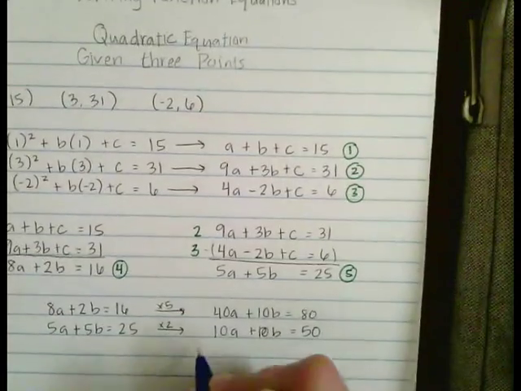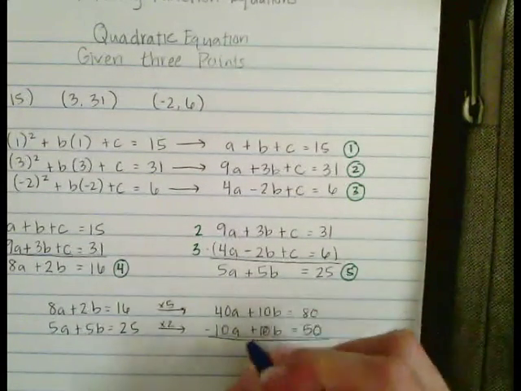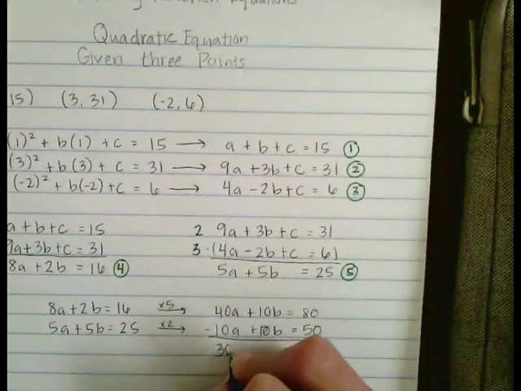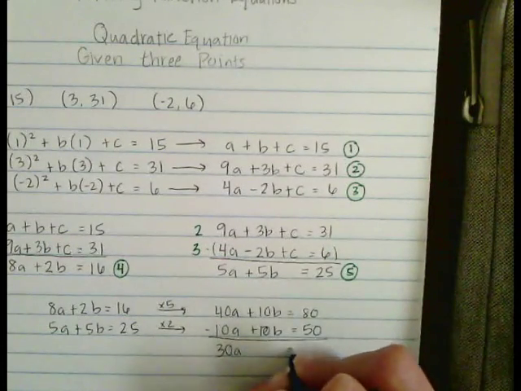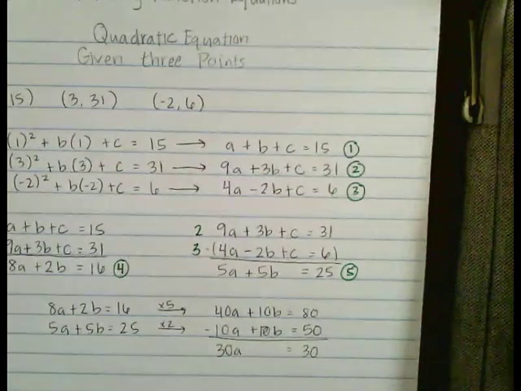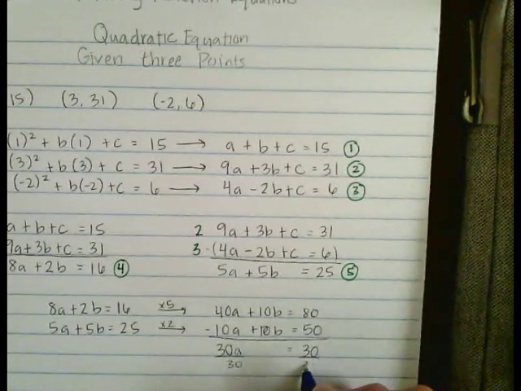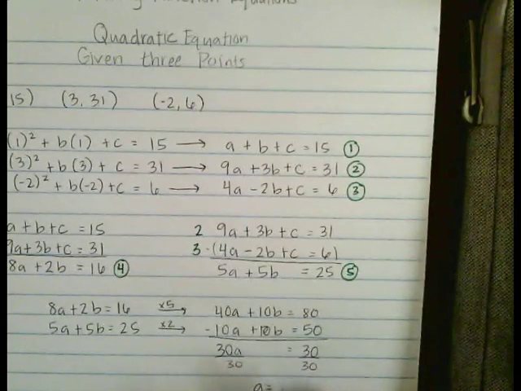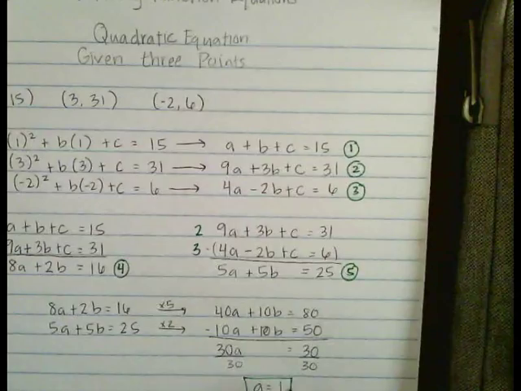So there you're just going to be able to eliminate your B variable. So you're going to have 30A and no B variable, and that's going to equal 30. So by dividing each side by 30, you're going to have A equals 1. Now this is your first A value.